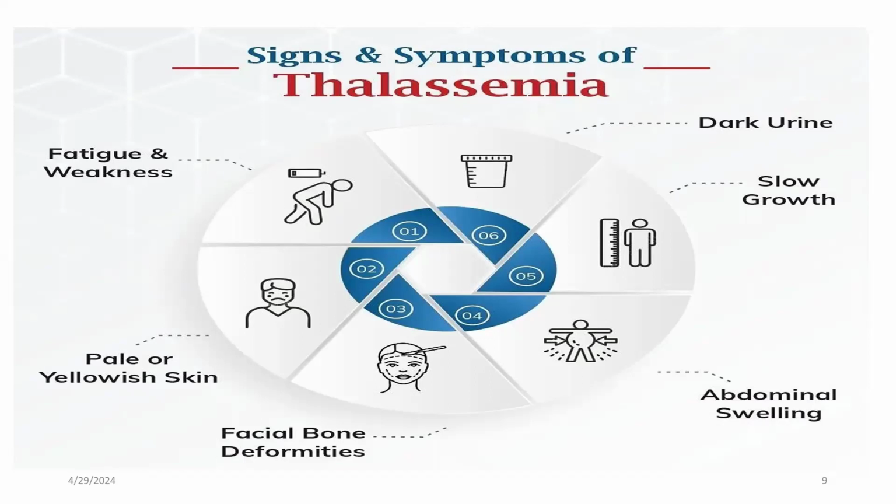There would be slow growth as well, so there will be stunted growth. The children would not be as tall as they should be. Then there would be abdominal swelling.